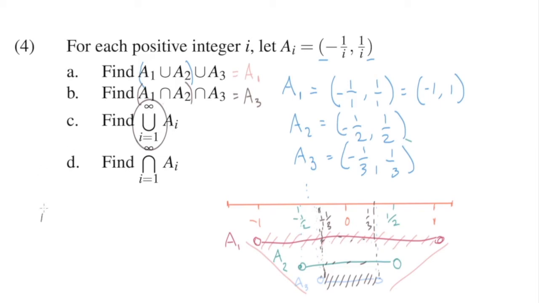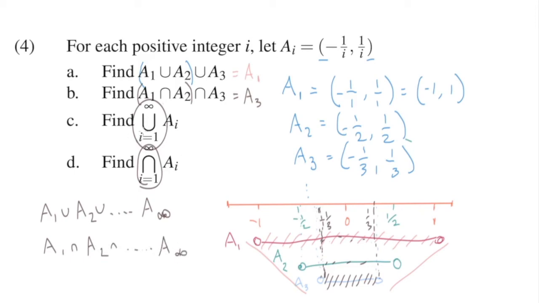You could imagine it as A1 union A2 union, and so on, all the way up to infinity. And this is just the intersection version of that: A1 intersect A2 intersect, and so on, all the way up to A infinity.